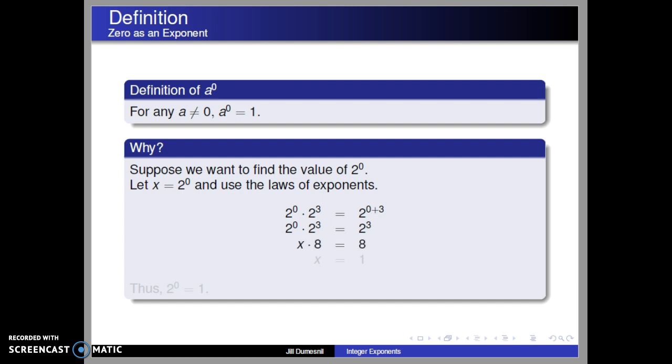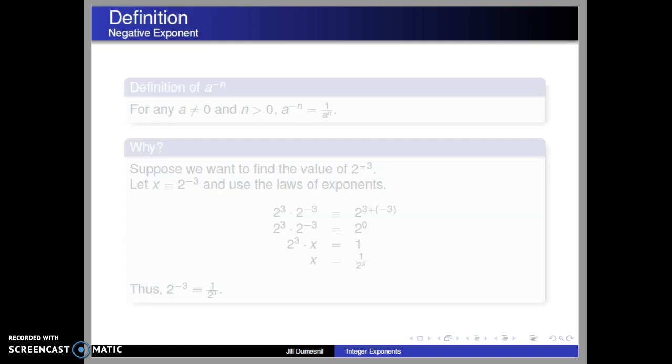Substituting x for 2 to the 0 and 8 for 2 cubed, we have that x times 8 equals 8, and therefore x equals 1. Thus, 2 to the 0 equals 1. Similarly, for any non-zero base, a to the 0 must equal 1.